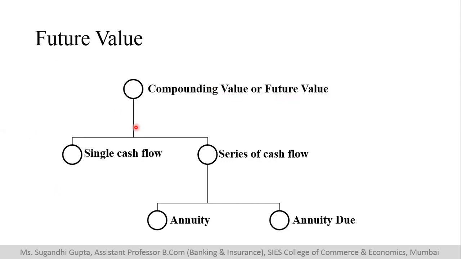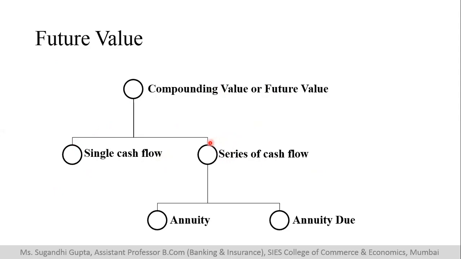Now, we will be studying all these things in this PPT. The first one being single cash flow. When I say single cash flow, it means I will deposit money at a particular date only. In the sense, today I deposit the money and at maturity I go and get back the money. When I say it is a series of cash flows, it means I'm depositing money multiple times in a particular investment.